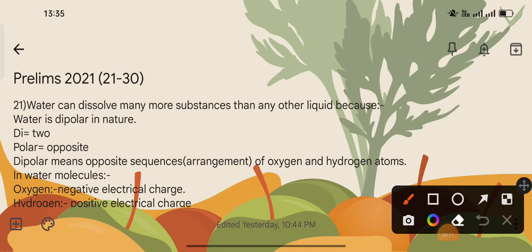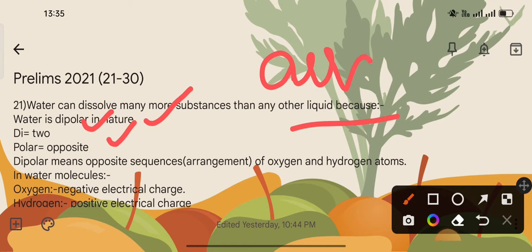21st question: water can dissolve many more substances than any other liquid because water is dipolar in nature. Di means two, polar means opposite. Dipolar means opposite arrangement of oxygen and hydrogen atoms.